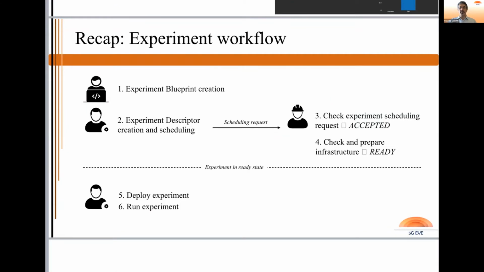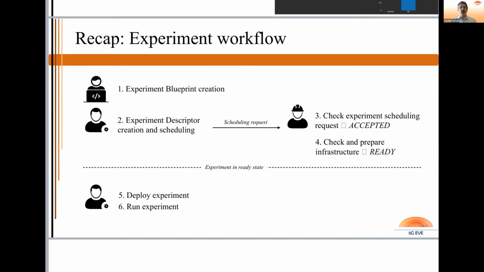Start from creating your blueprint, and this is done at the beginning. You can either use, as I said before, a wizard on the 5G portal, or after you become skilled with it, you're going to do it on your own. You create the experiment descriptor, describe the various steps, and finally you request the experiment to be scheduled.